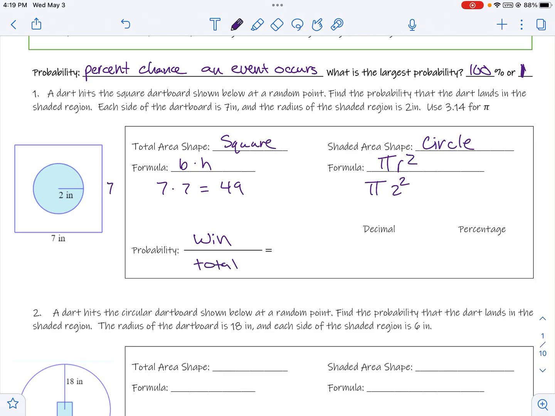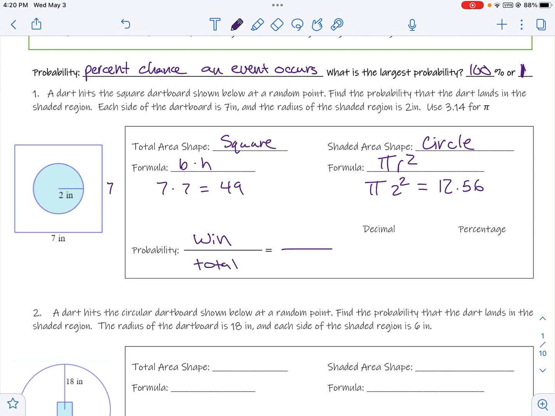So what would be considered a win on this problem? Well, the win would be that circle. And we said our circle area was this one, which I didn't even come up with a decimal for yet. So that's going to be what? It says use 3.14, so I'll do 3.14 times 2 squared, which is 12.56.